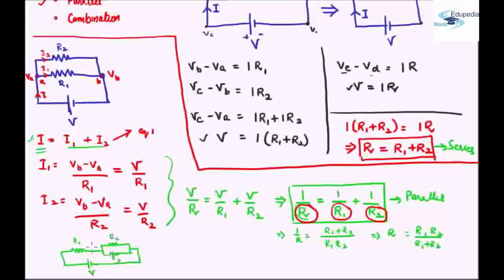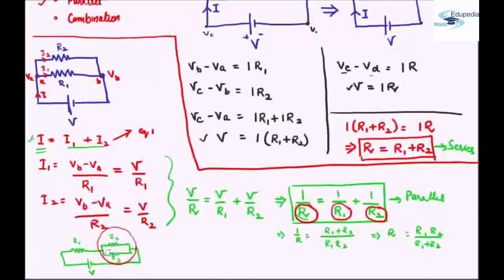Here what you have to do is see it as two independent parts. One is, here is a combination of resistances in parallel. First you solve this. Okay, as a result of solving that, you will get a single resistance.